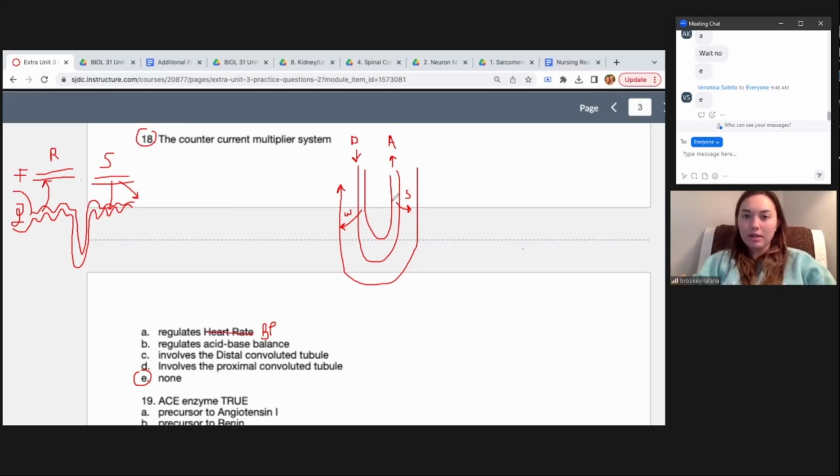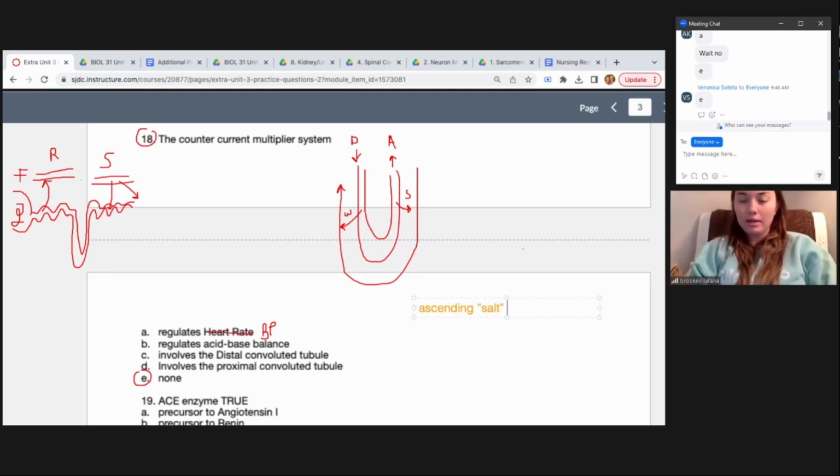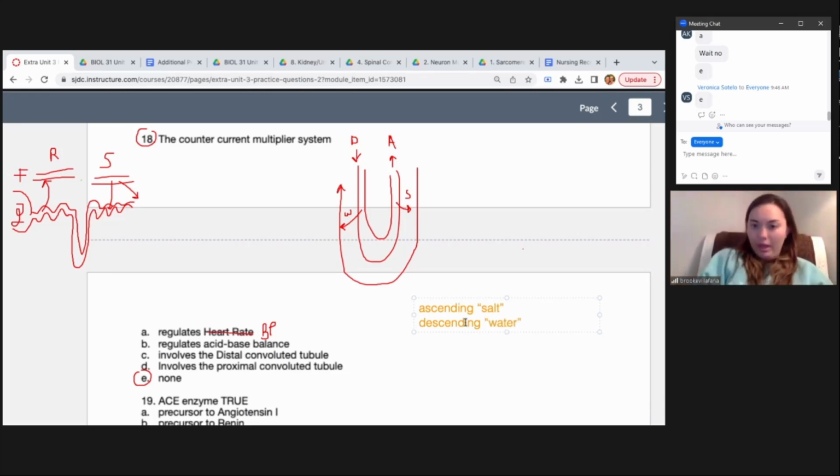Out of the ascending limb, salt leaves. Out of the descending limb, water leaves. The way you could remember this: ascending, S in ascending for salt, and then descending is going to be for water. Okay?